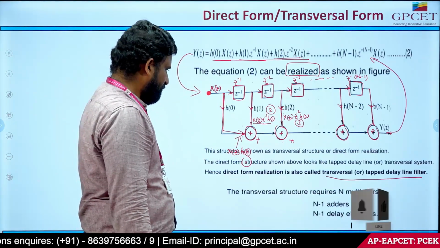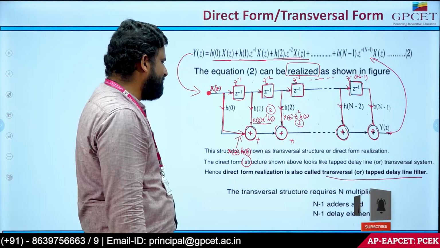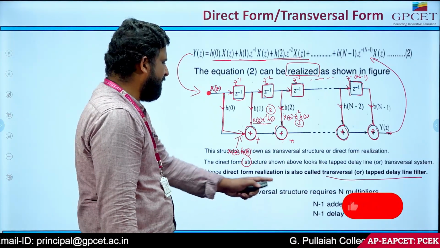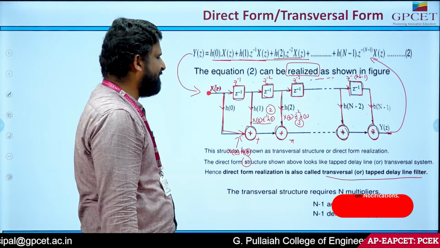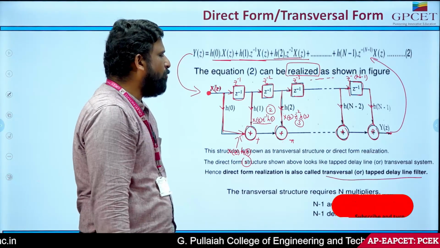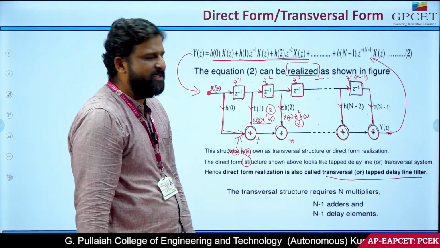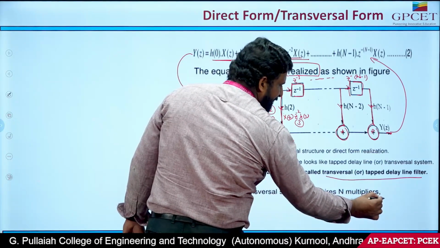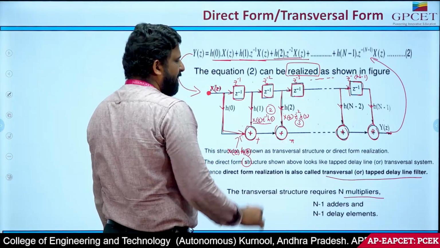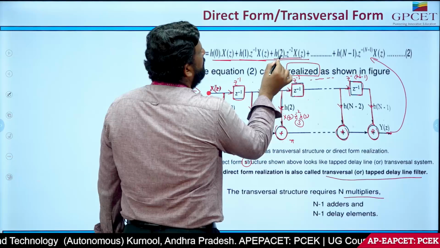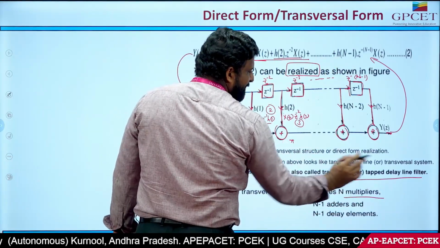And how many adders and how many delay elements? This is the thing we need to keep in mind. In the transversal structure, the direct form structure, how many adders and delay elements are required? Here the total number of multipliers is N. Multiplier 1, 2, 3, and so on, N multipliers are required.